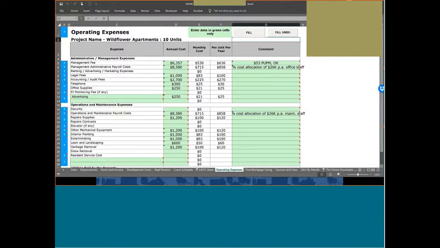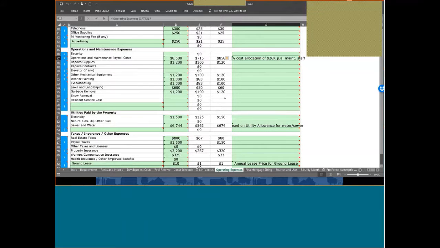So we've got the annual cost for all of these in the first year. That'll later be trended, and you'll see that. As an underwriter, we've been able to enter in some comments about where we got that or why we think that's the right number. And it also shows breakdowns for what the monthly and per unit per year costs are.